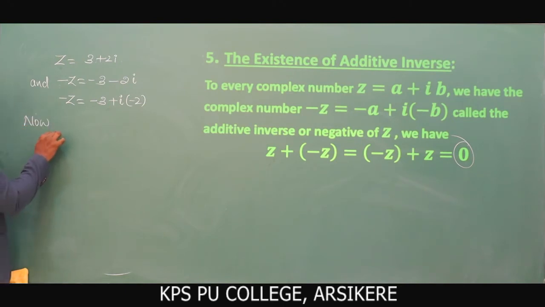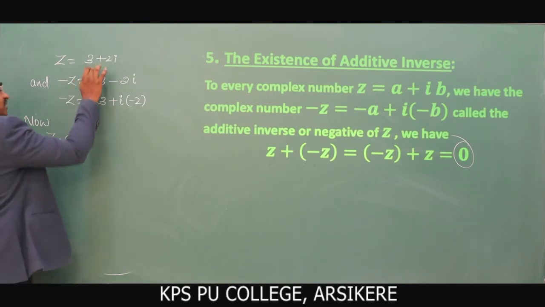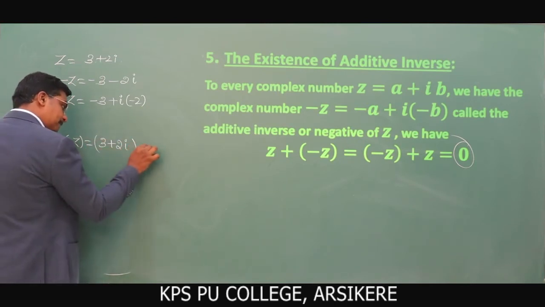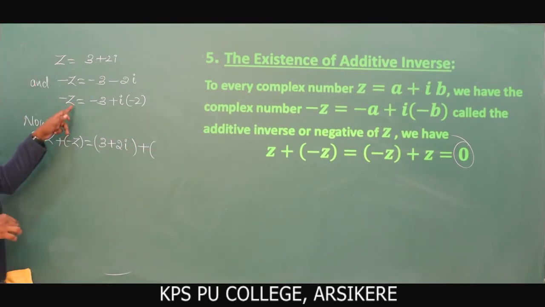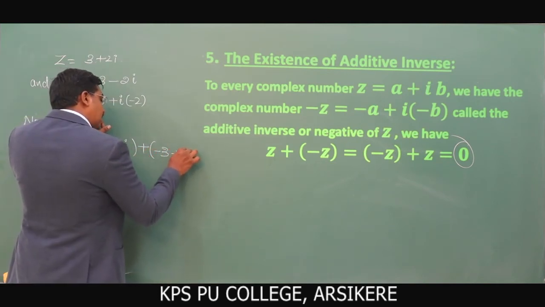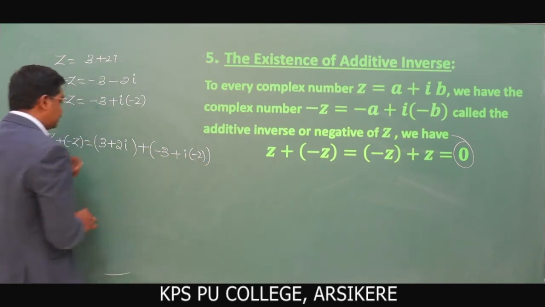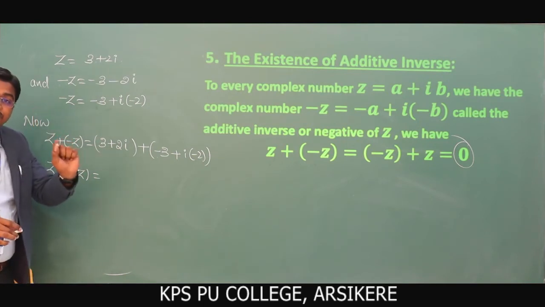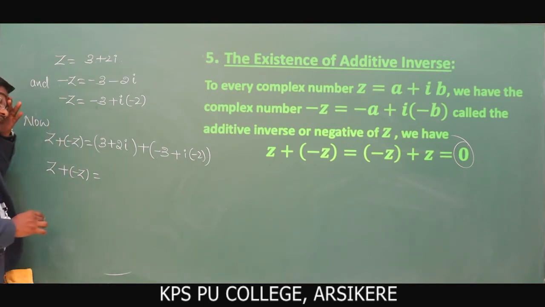Let us add z + (-z). z is 3 + 2i, plus -z, which is (-3) + i(-2). Well, we are adding two complex numbers, so we must follow real part plus real part.